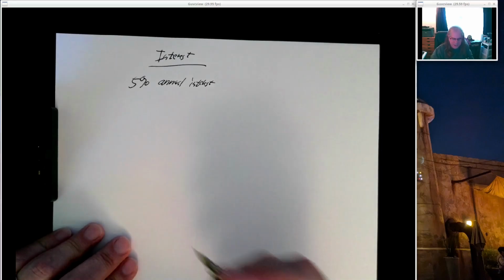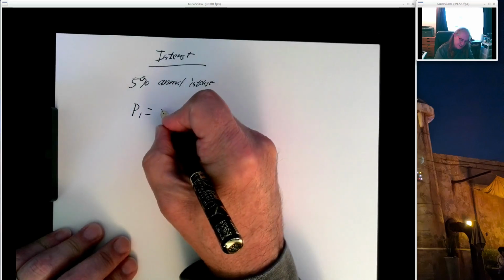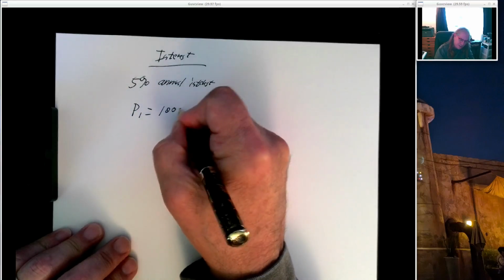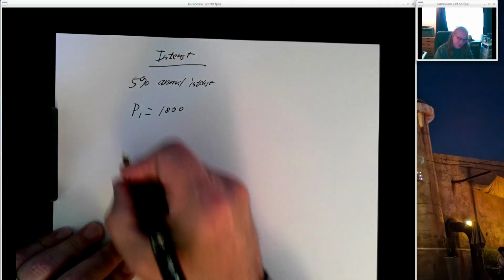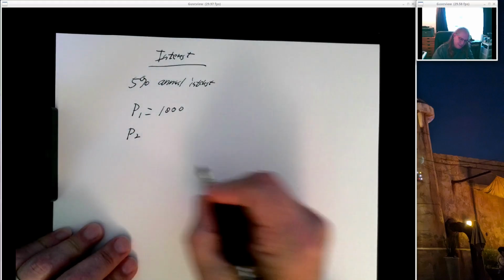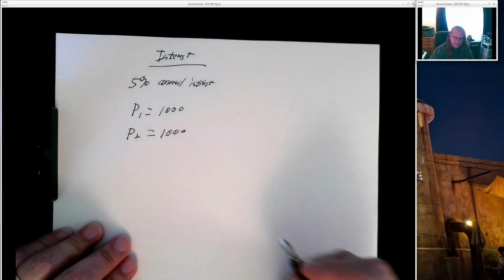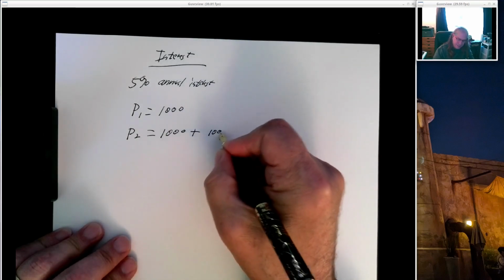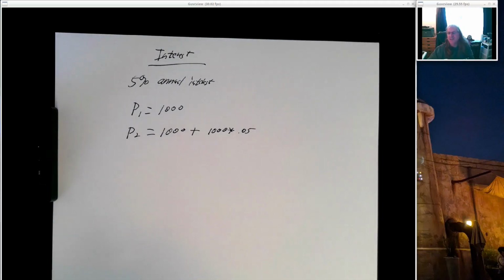The amount of money you loan them, that's called the principal. So we'll write P1 is, let's say, $1,000. That's the initial amount of money that you give them. After a year, P2, you would still have that initial amount plus a little bit of interest, 5% of that $1,000.